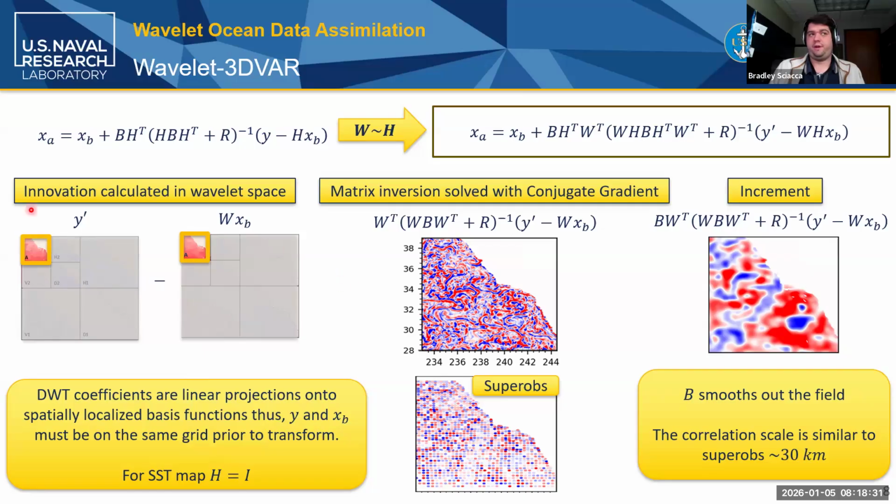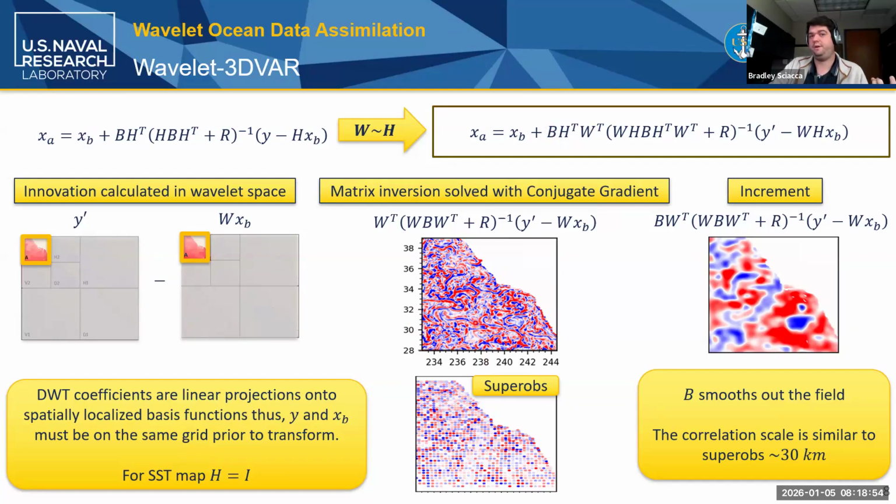So after we get our innovation in wavelet space, we will then compute our increment using the conjugate gradient method. And the picture I've shown here is essentially before post multiplication, but back on the model grid. So after we solve the conjugate gradient, we've come out of it, we go back to the model grid, but we haven't post multiplied yet.